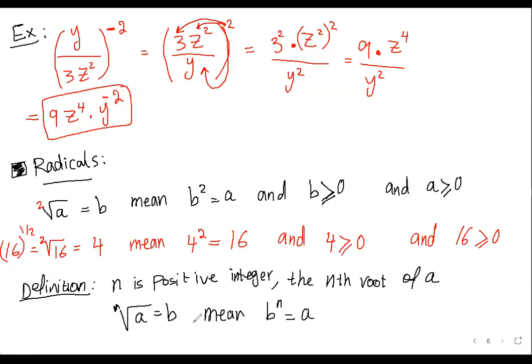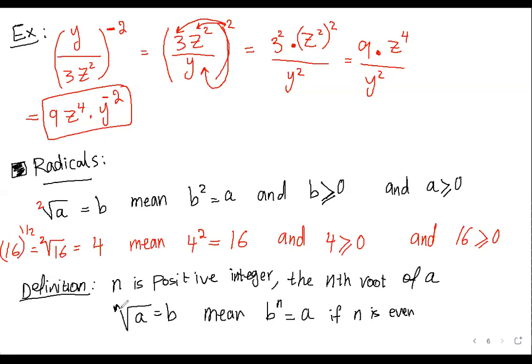And we have to know that if n is an even number, then a and b must be positive. The even numbers are 2, 4, 6, 8, 10, 12, 14, 16. The odd numbers are 1, 3, 5, 7, 9, 11.